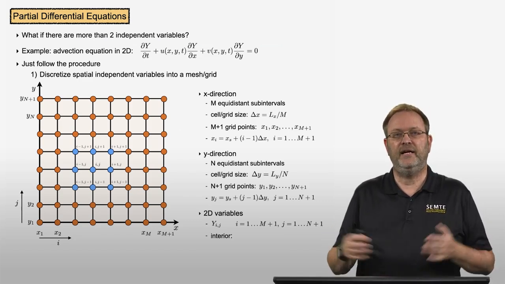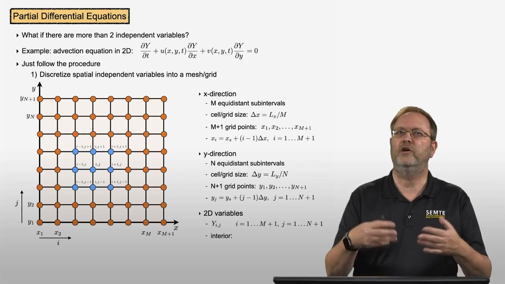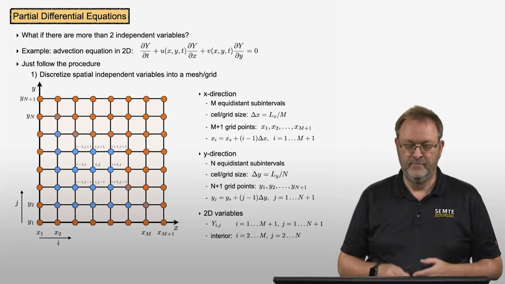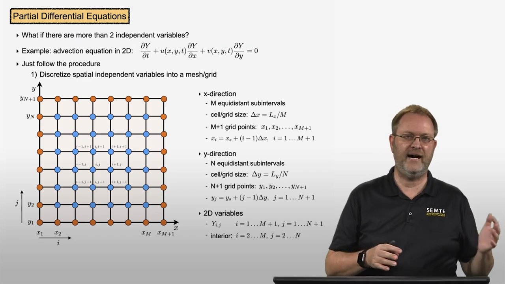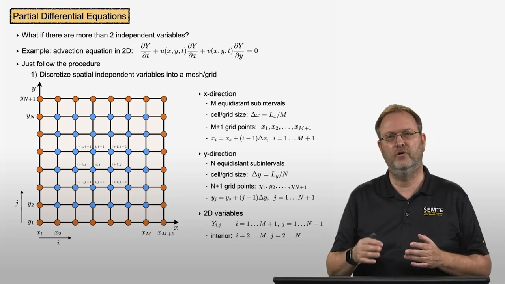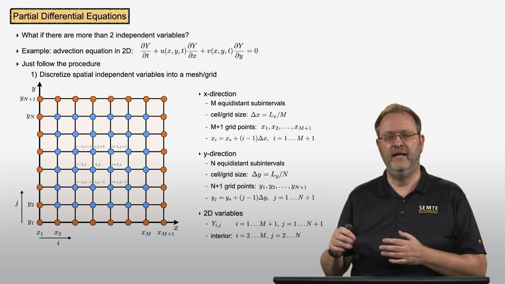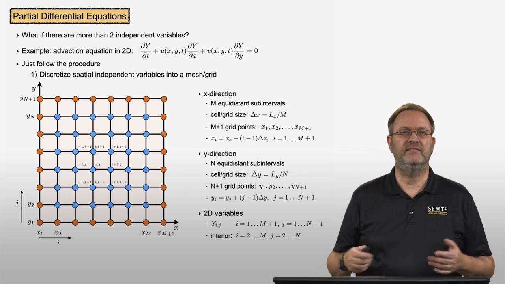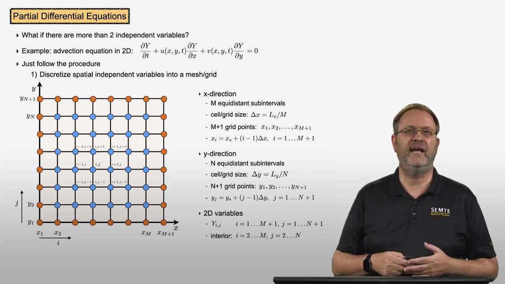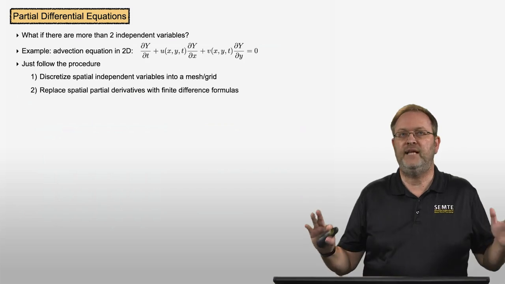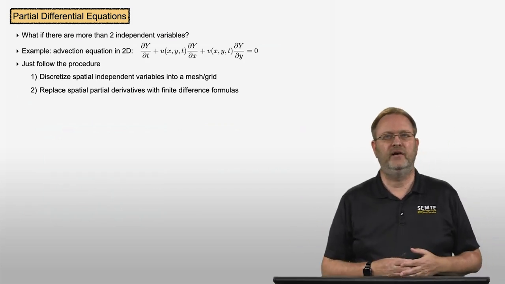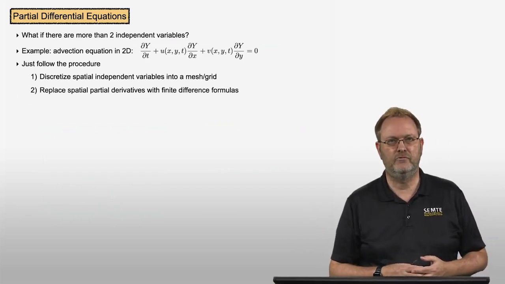The interior points, remember that's where we have to solve the PDE, will then range from 2 to m in the i index, and the j index will go from 2 to n, and everything on the outside is then a boundary point that has to be set by a boundary condition. So that's step 1, discretize the spatial independent variables into a mesh and grid.